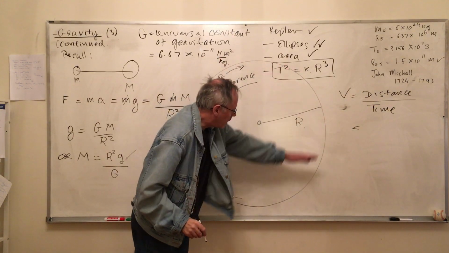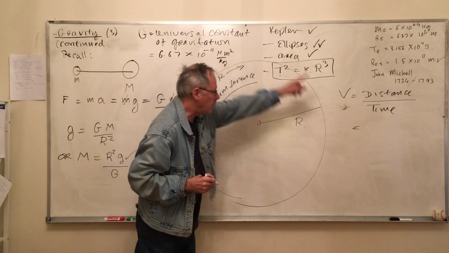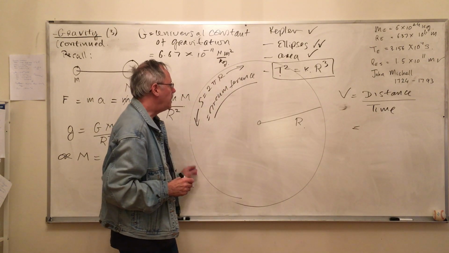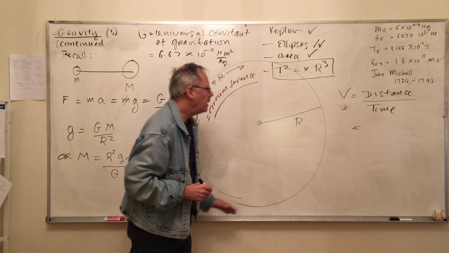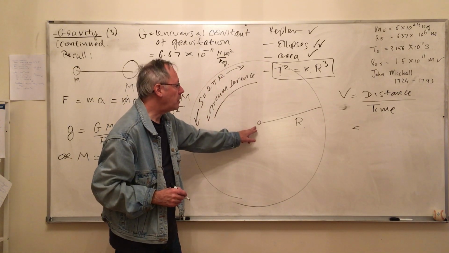It covers this whole circular distance in its period, the time it takes for a full turn, right? In other words, if this is the path of a planet in its orbit, that's the distance the planet is going to cover in its period.